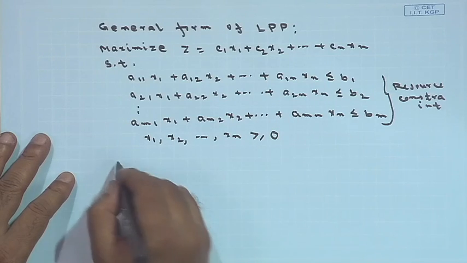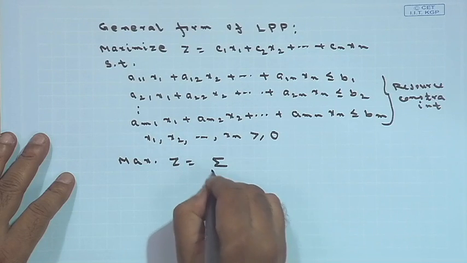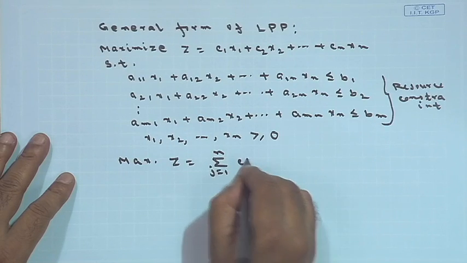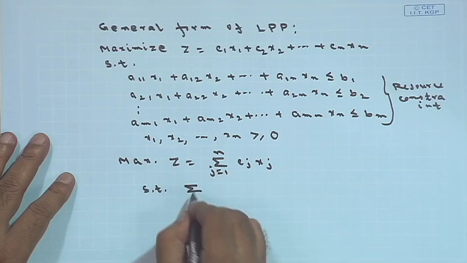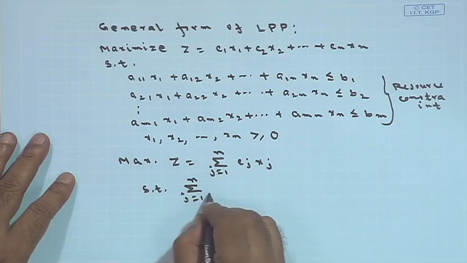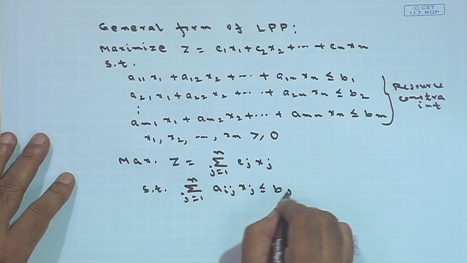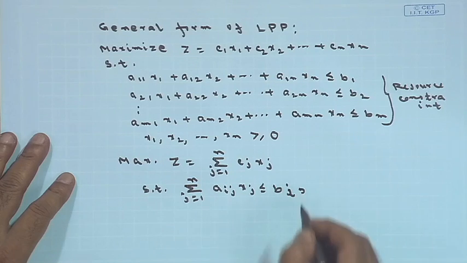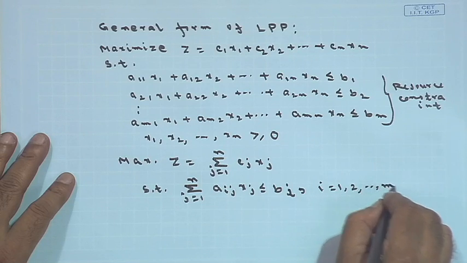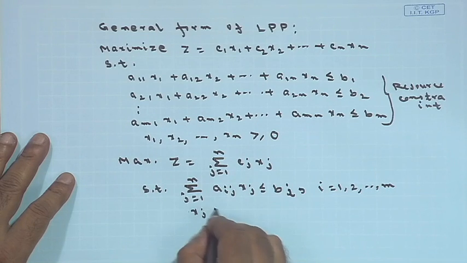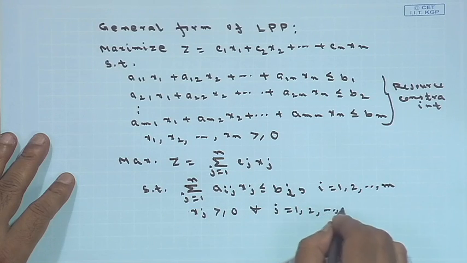So, if I have to write it in the compact form, I will say maximize Z equals summation j equals 1 to n Cj xj, subject to summation j equals 1 to n Aij xj less than equals Bi, where i equals 1 to m, and xj greater than equals 0 for all j equals 1 to n.